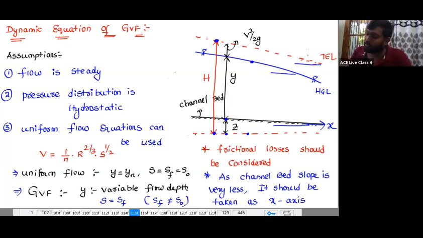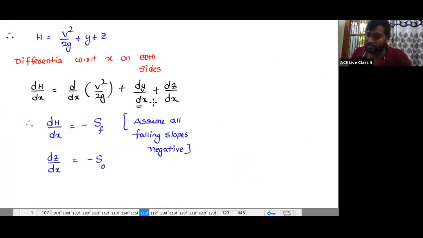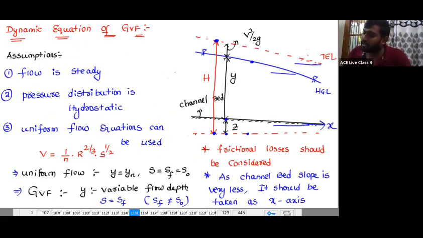But what I have is only dy by dx. What is meant by dy by dx? The variation of the water surface depth, with respect to whom? Channel bottom or with respect to x? With respect to x.